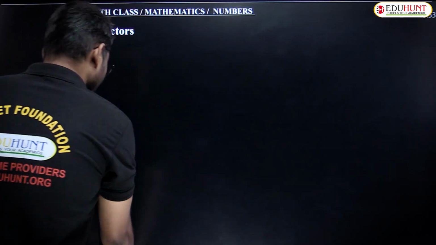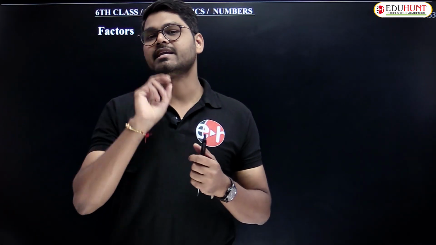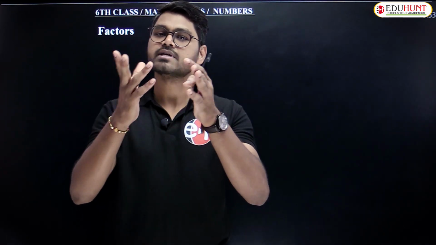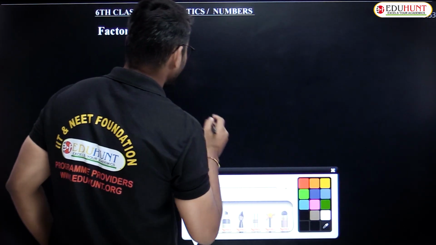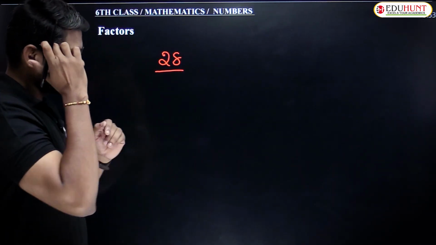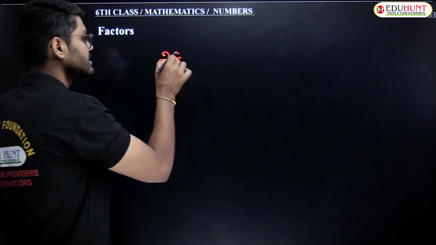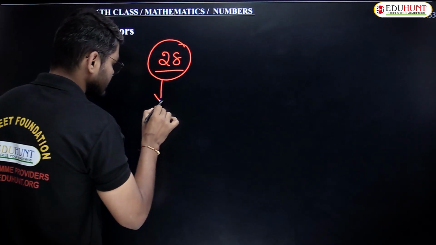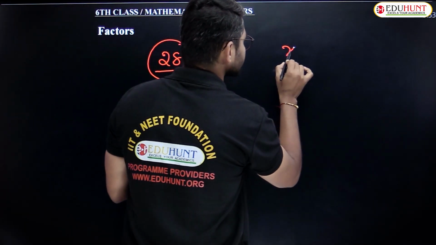What is a factor? If we take any number, let us assume that is 28. I am taking the number 28. So this number is divisible by some numbers. For example, let us take a number x.